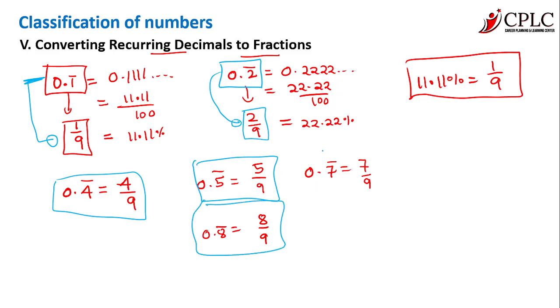Any single digit you wish to repeat infinitely, all you have to do is divide that digit by 9. That is the theory that you need to understand and remember. There are a few more varieties of this type, which we are going to see in the questions immediately after this. So this is the way to do that.